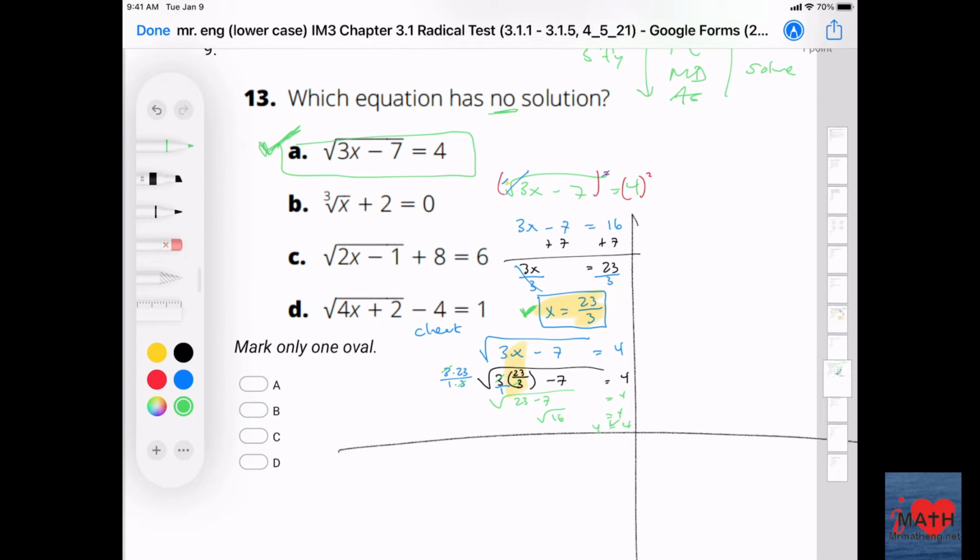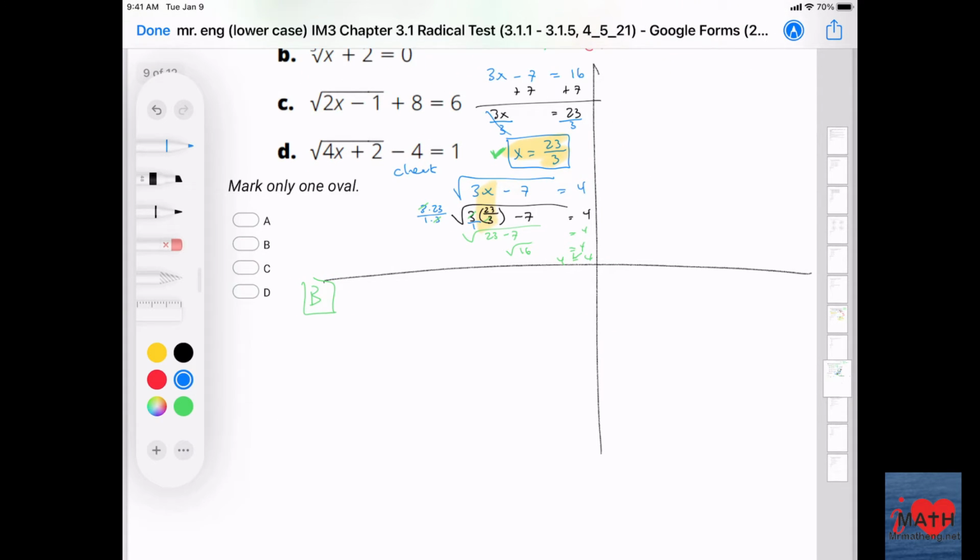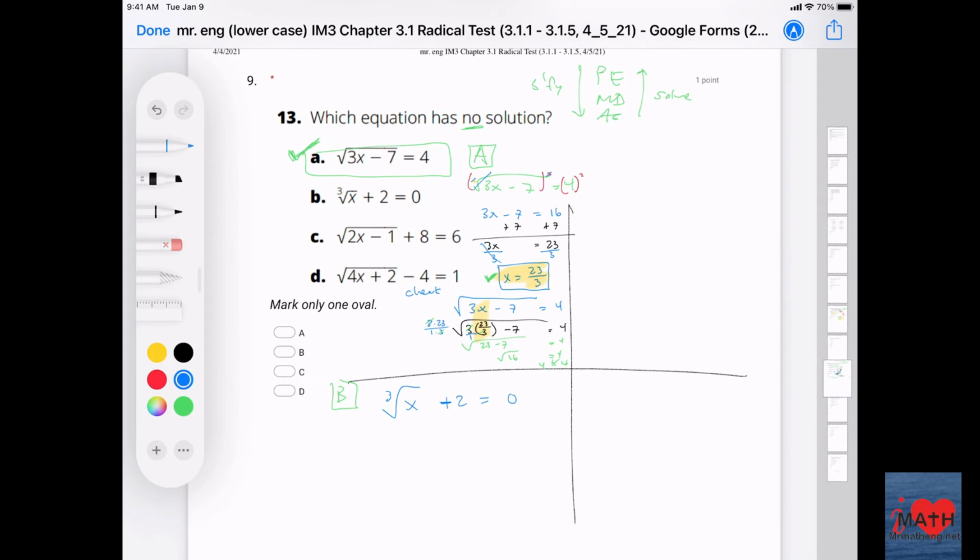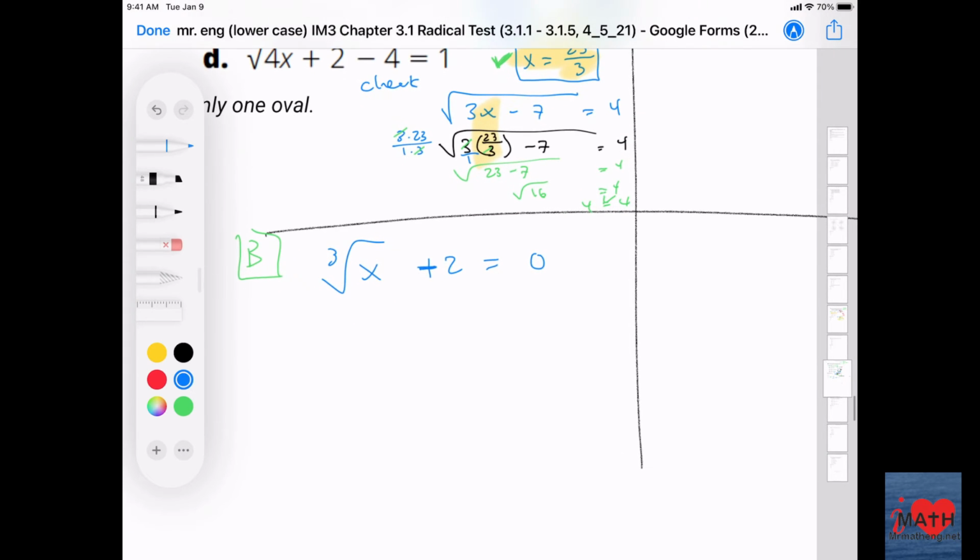But we're looking for one that has no solution. Okay, let's go ahead and try. So this was A. Let's try B down here. The cube root of x plus 2 equals 0. And for this question, number 13, if I subtract 2, you're going to get the cube root of x equals negative 2.